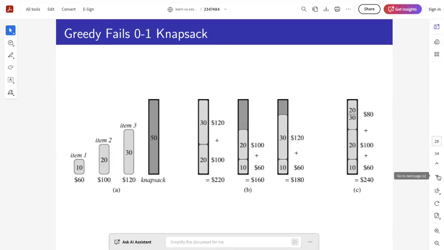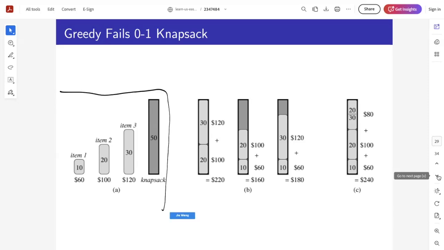Now let's see that the greedy choice fails for 0-1 knapsack. Again, we use an example. So here is the example. We are given a knapsack which can hold up to 50 pounds of goods, and we have 3 items.